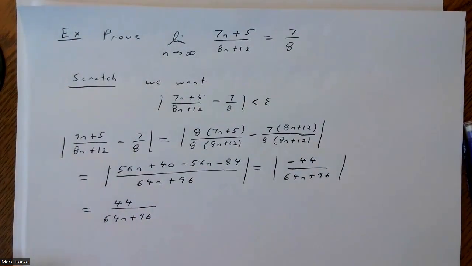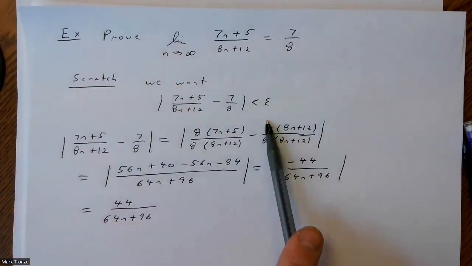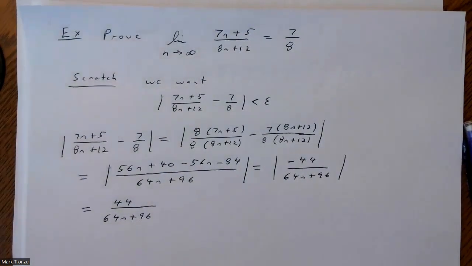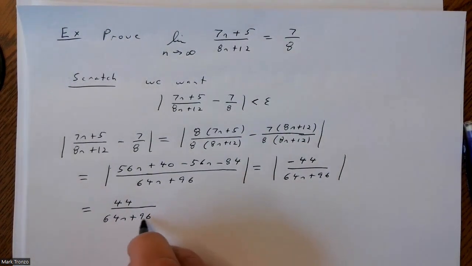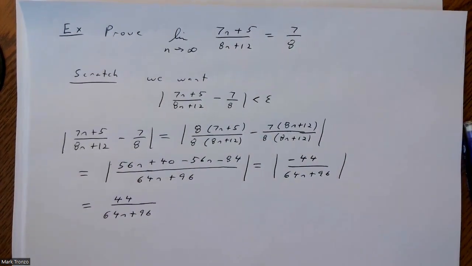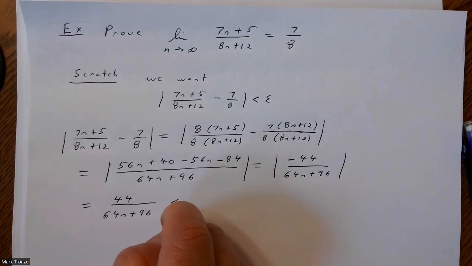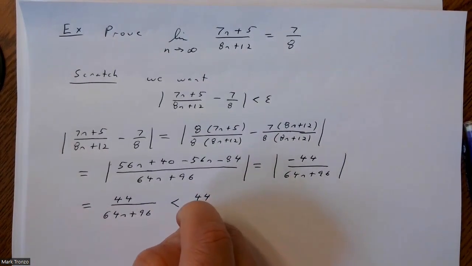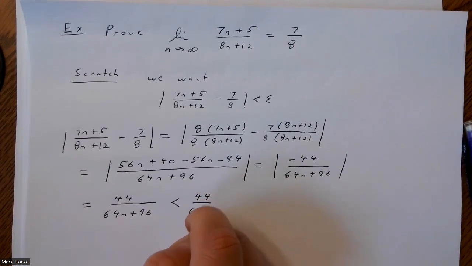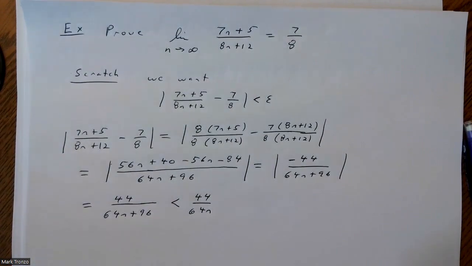Again, keep in mind what we're shooting for. We want this less than epsilon. And much like before, this is a positive value in the denominator, so we can take that away and say that this is less than 44 over 64n.